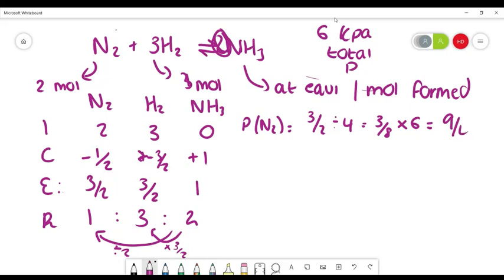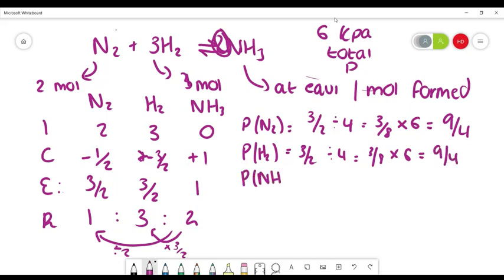For pH2, it's the same thing, 3 on 2 divided by 4, equals 3 on 8, times by 6, which is 9 on 4, and pNH3 equals 1 divided by 4, which equals a quarter, times by 6, which equals 6 on 4, which is also 3 on 2.